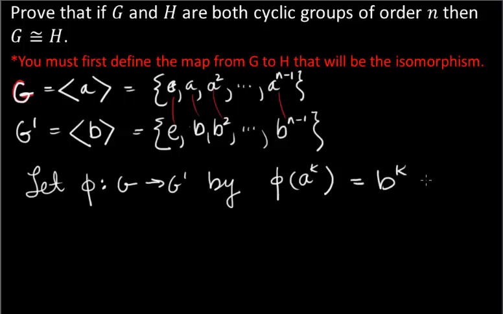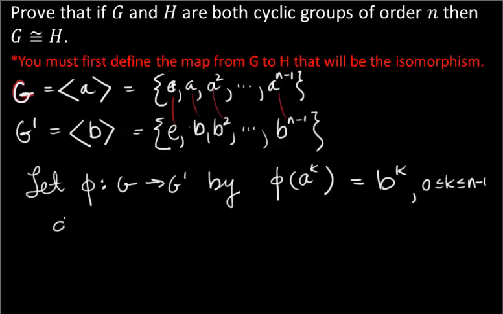And we know that k will be 0 less than or equal to k less than or equal to n minus 1. So that will be our mapping.